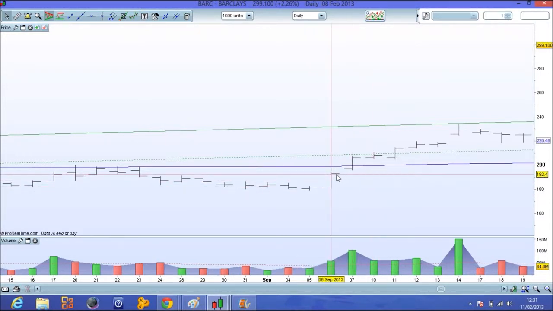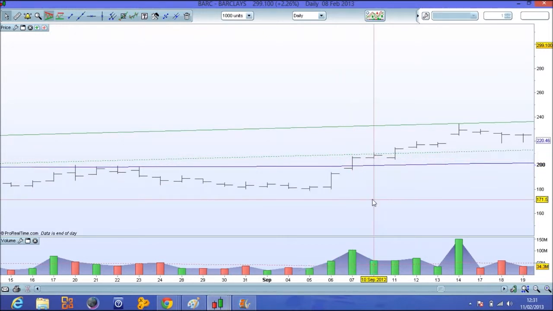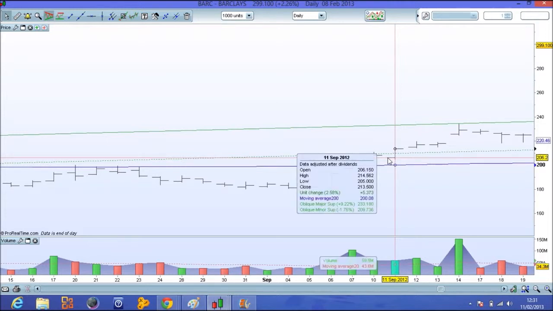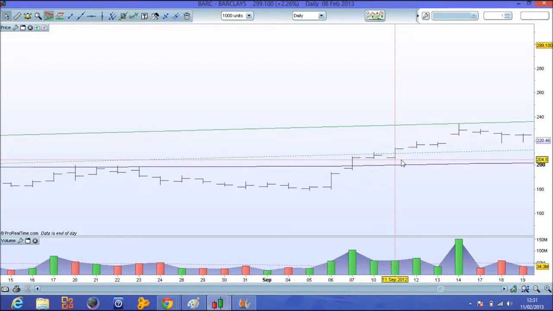So as you can see, it closes on the right hand side of the candle. Again, it opens on the left hand side of the candle and goes upwards and finishes on the right hand side of the candle. So left hand side is the opening price, right hand side is the closing price, which is quite simple. If you look on the right hand side of the screen, it tells you the price it opened.